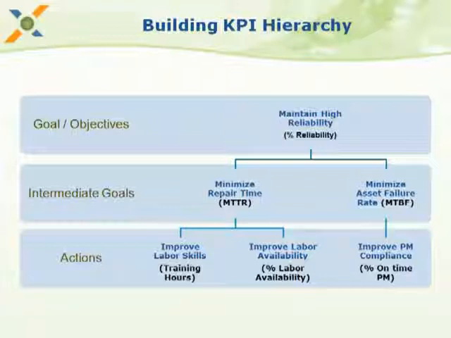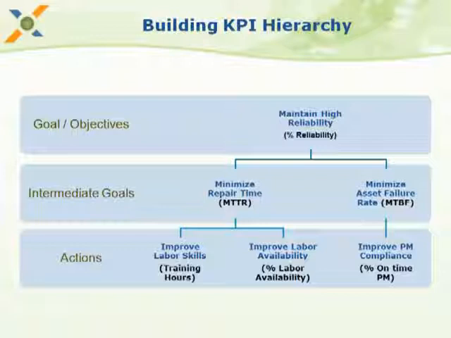The goal, let's take an example here, is maintain high reliability. So you may have a KPI called % reliability. And again, there may be multiple factors, but just to build a case here, we are going to say that the reliability will depend on two factors.